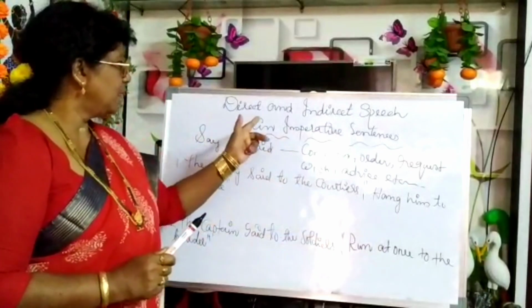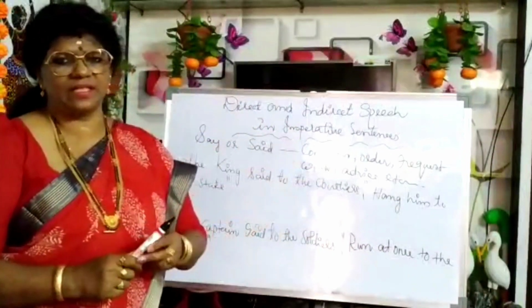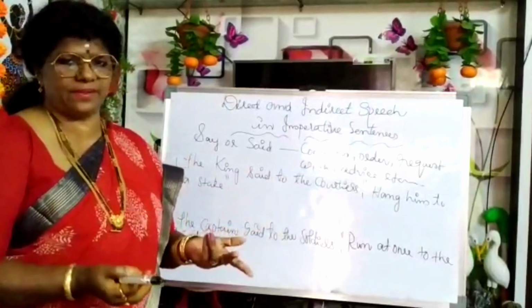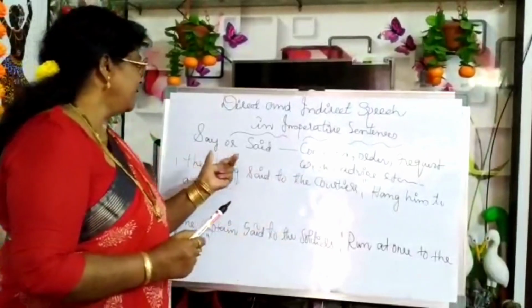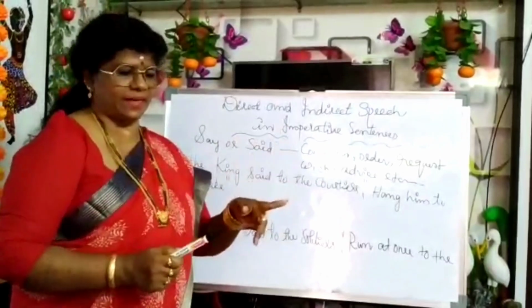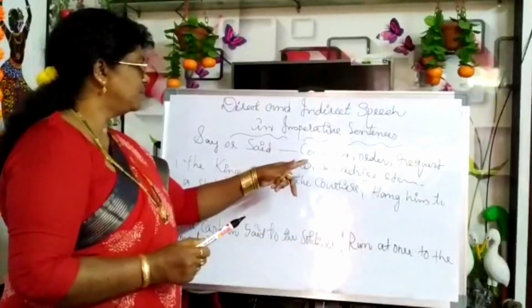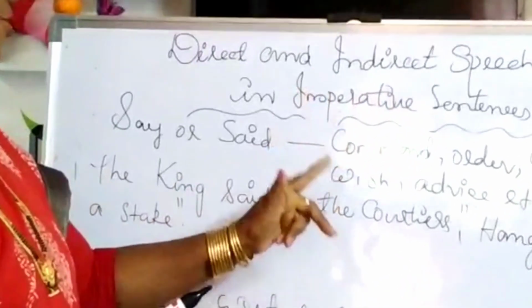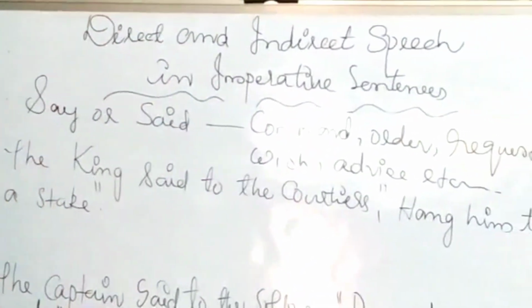Here, in an imperative sentence, what is an imperative sentence? It shows a command, order or request. So here, say or said will change into command, order, request, wish, advice, etc.